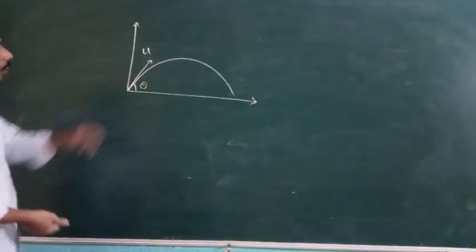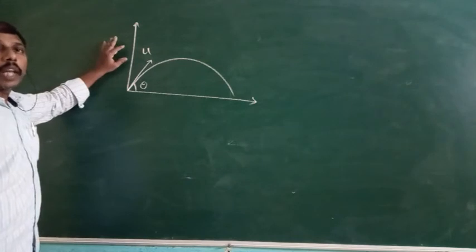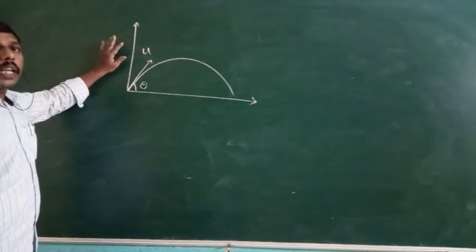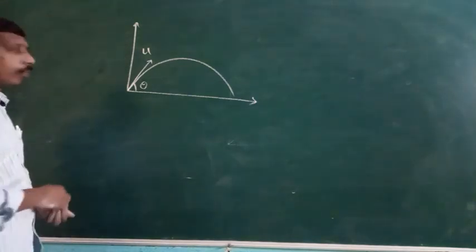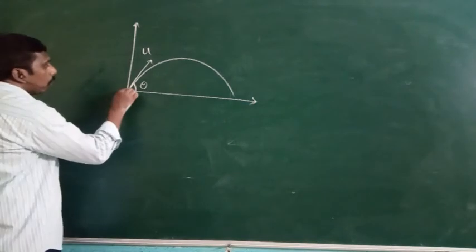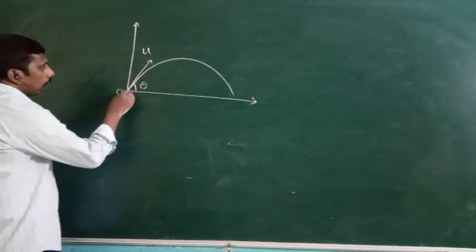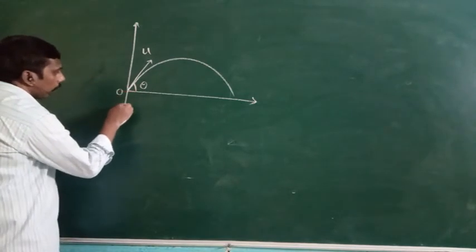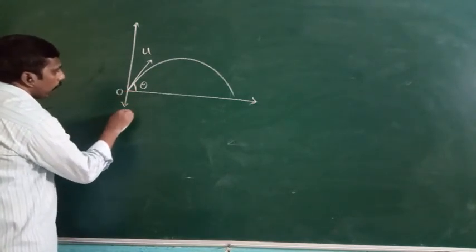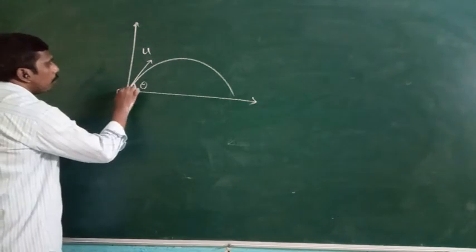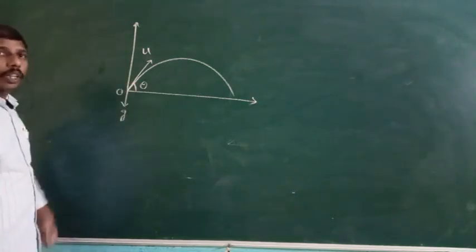To get the velocity direction, we draw the tangent, which gives the direction of velocity at that point. This point is called the point of projection. At the point of projection, acceleration due to gravity acts vertically downward and velocity makes a certain angle with horizontal.